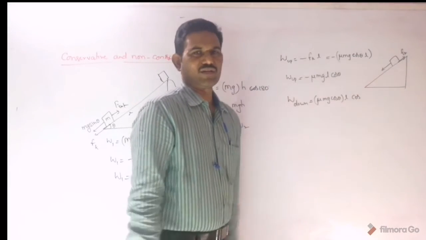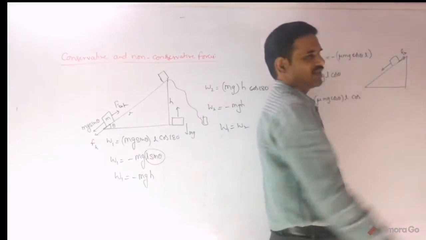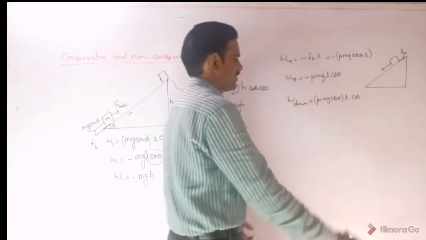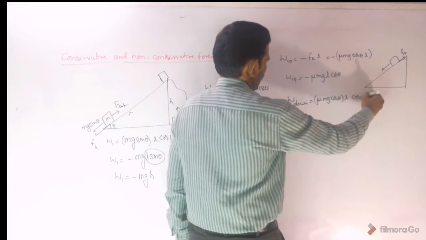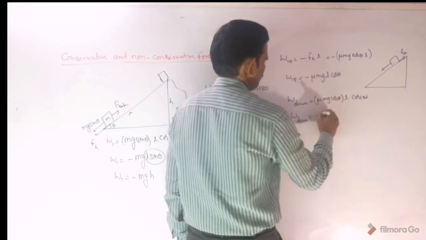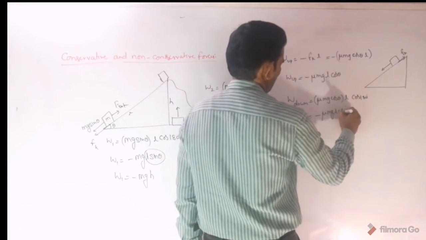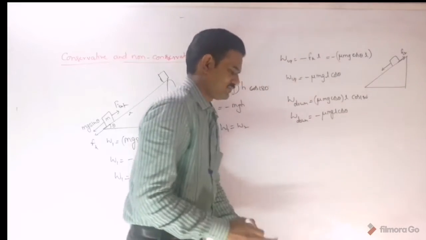Still it is 180 degrees, because now displacement is down and force is acting in the upward direction. So the work done is again negative: minus mu mgL cos theta, right?